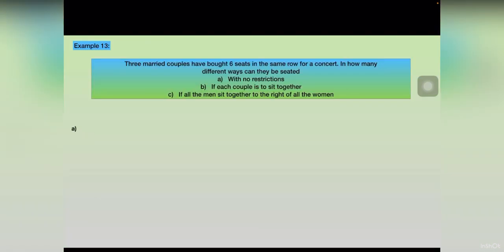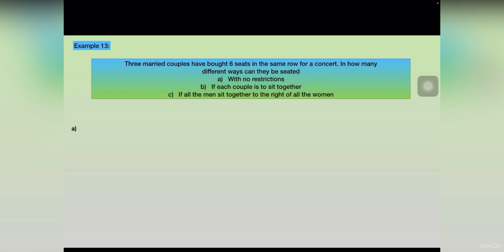Example 13. 3 married couples have bought 6 seats in the same row for a concert. A, in how many different ways can they be seated with no restrictions? B, if each couple is to sit together.